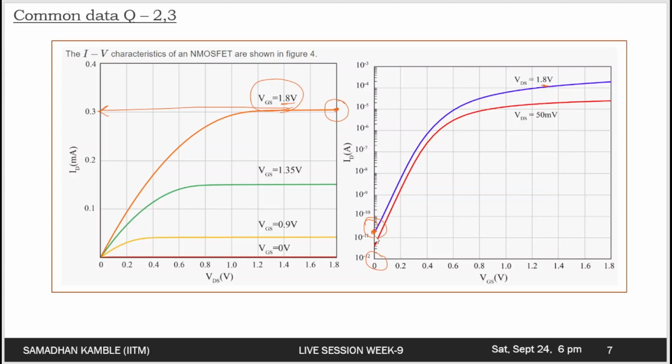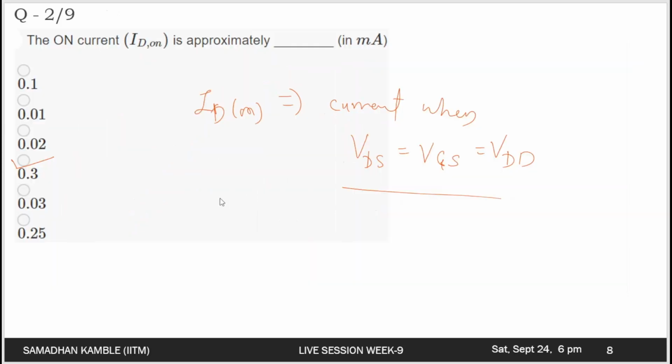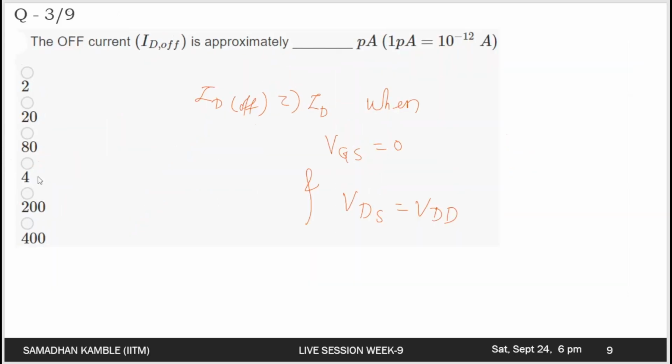On the log scale we can see it clearly, but here also we can see that it is around 2 times 10 to the power minus 11, that is 20 times 10 to the power minus 12 amp, which is nothing but 20 picoamp. You can see 1 picoamp is 10 to the power minus 12 amp. So our answer is 20 here.